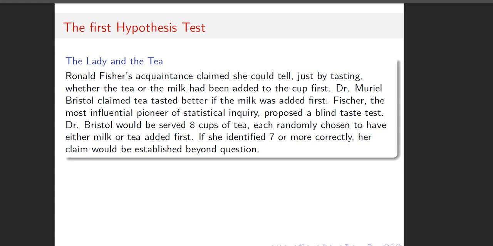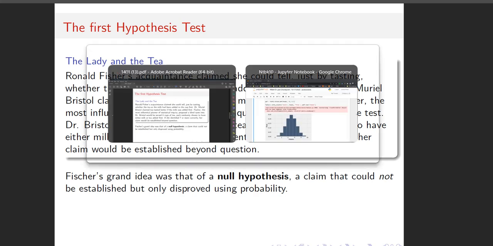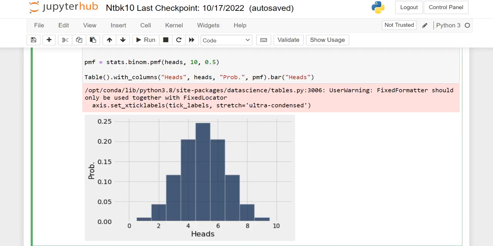And they're like, okay, tell us which ones are which. And Ron Fisher was thinking if she identifies 7 or more correctly, her claim would be established beyond question. We'll talk about this in just a second, but let's talk about these probabilities. That's the next thing in our notebook.